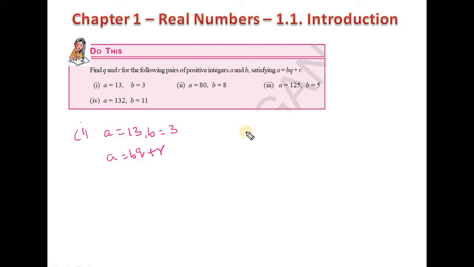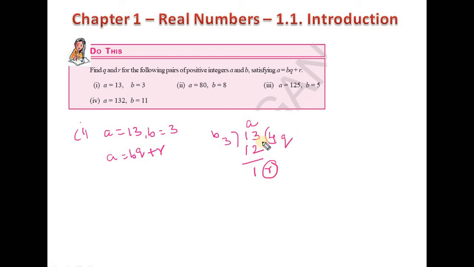To do that, take 13, which is your A, and 3, which is your B. So divide this. How many times does 3 divide 13? 4 times. 3 4s are 12 and 1 will be the remainder. So this is the remainder and this is the quotient.